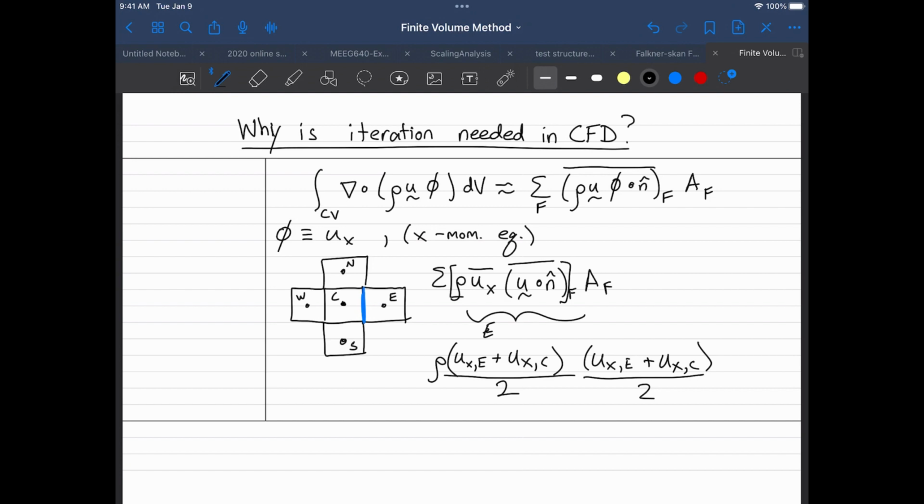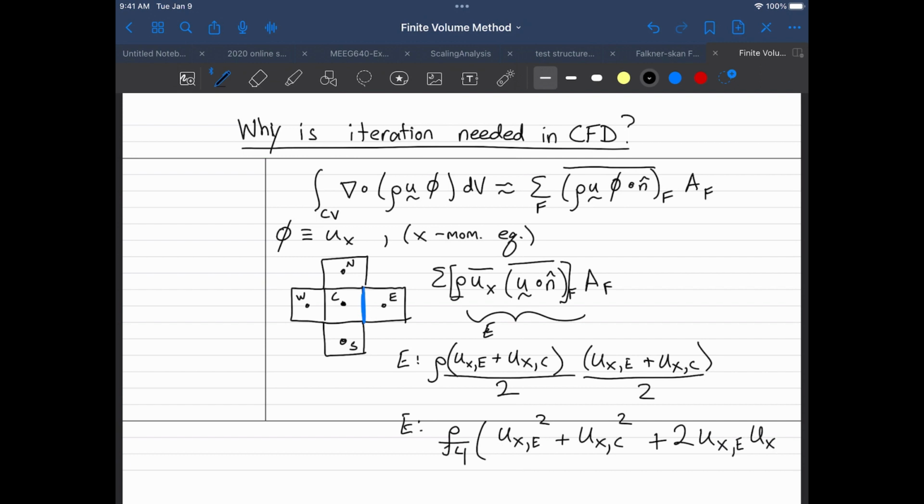The terms associated with that connection involve unknown values of u_x. So the u_x's are all the unknowns. If I expand that out one more time, the term associated with the east face would be rho over 4 times u_x east squared plus u_x central squared plus 2 times whatever's in between, the cross term.